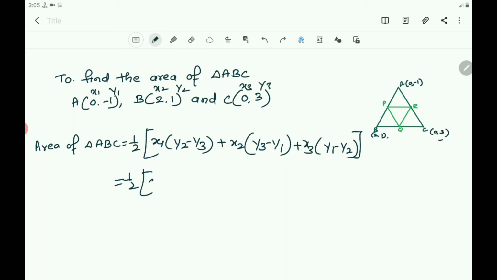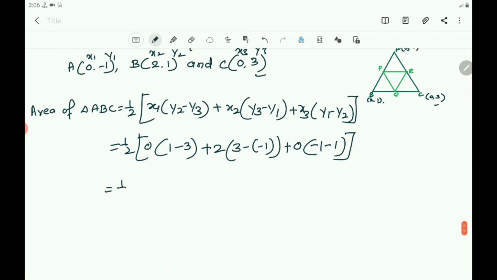That is 0. y2 is 1, right, that is 1 minus y3 is minus 3 plus x2 is 2 into y3 is 3 minus y1 is minus 1, then plus x3 is 0, y1 is minus 1, minus 1.